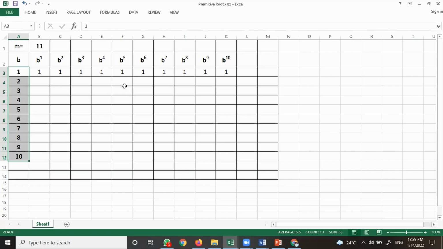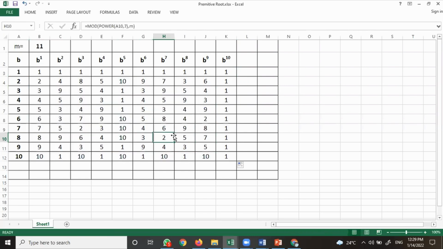If you remember, we have calculated this for all the values, right? And you have to find out the row where you get all the unique values. I think this is the one.